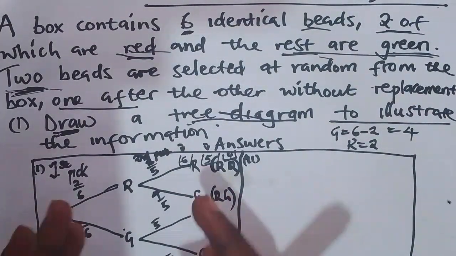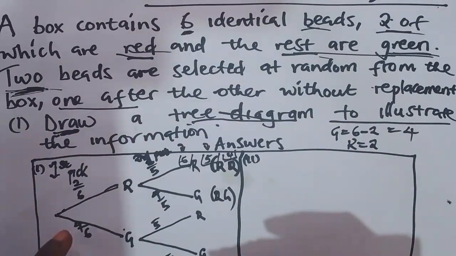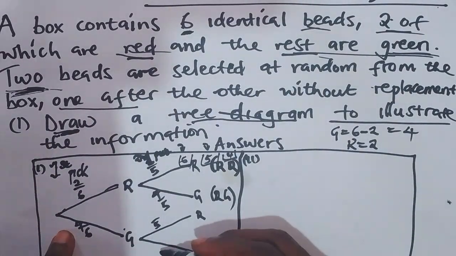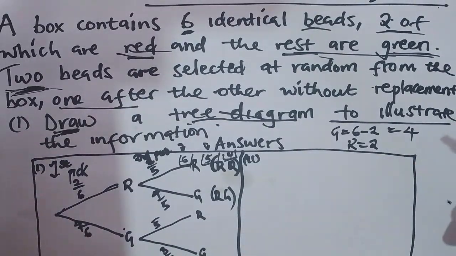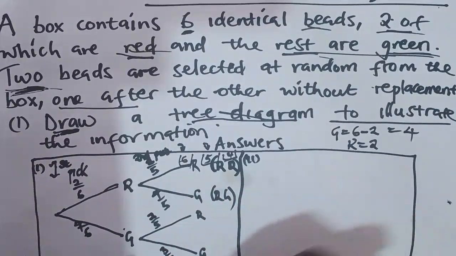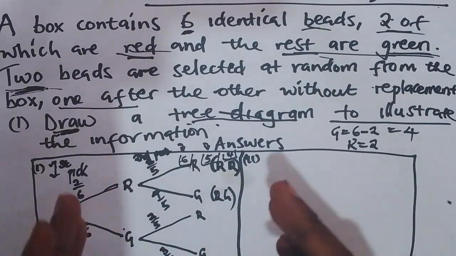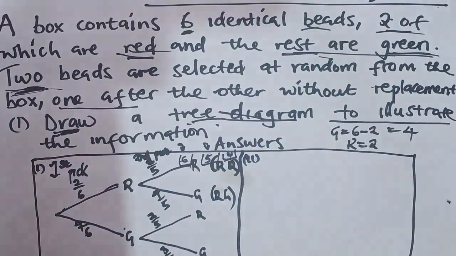Then in the second round, this is where you pick green. Since in the first round we had 4 green, if you pick green it will remain with 3. Then red again won't be affected. The goal is that if you add this and this, you should get 1.